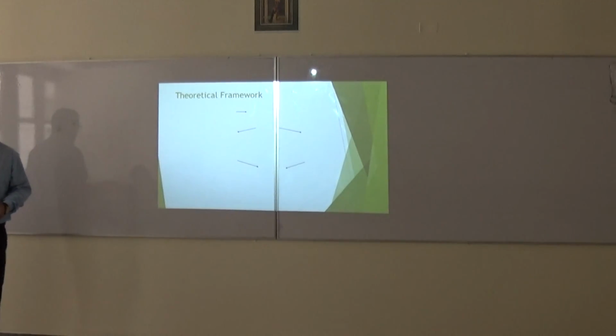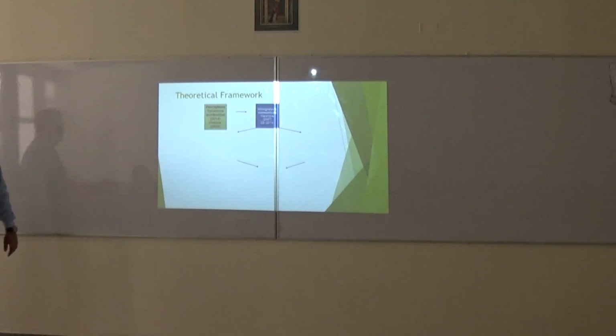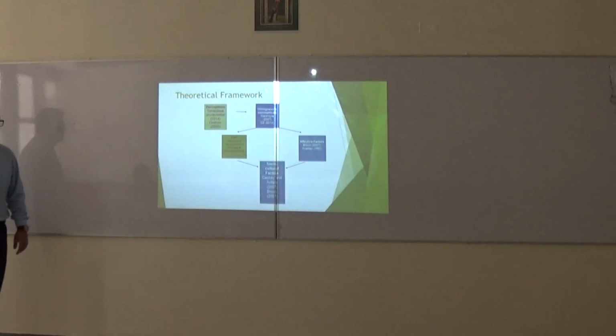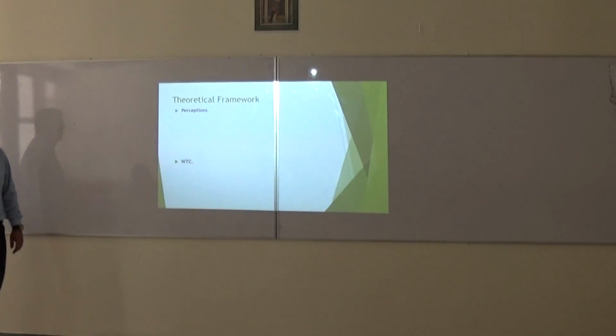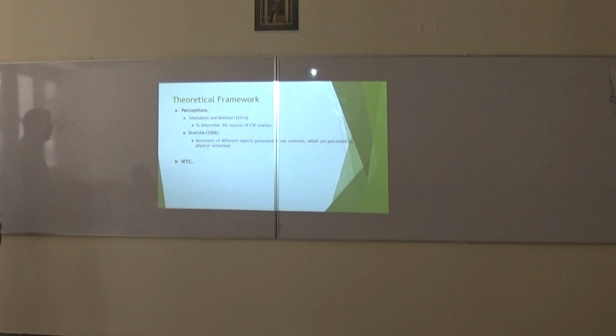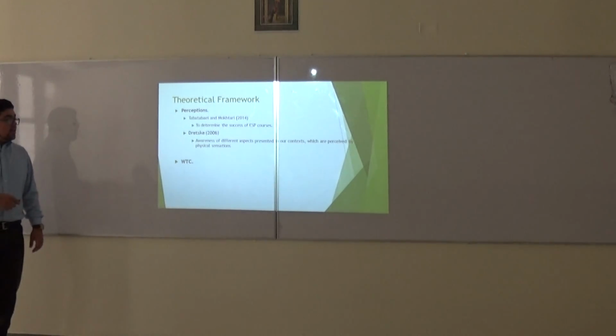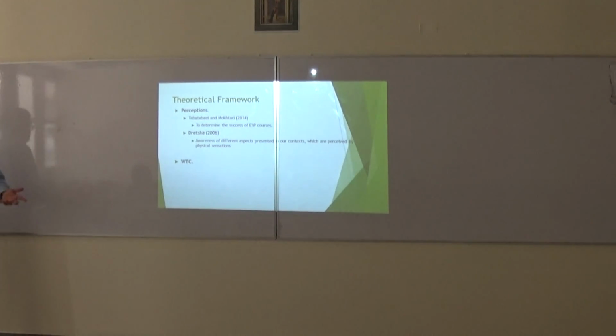This study contains 5 main key concepts, which are perceptions, willingness to communicate, ESP, affective factors, and social-cultural factors. For perception, we can find 2 authors there, Tabate and Morgan, that explain that in order to determine the effectiveness of ESP, we have to bear in mind the perception of the students.